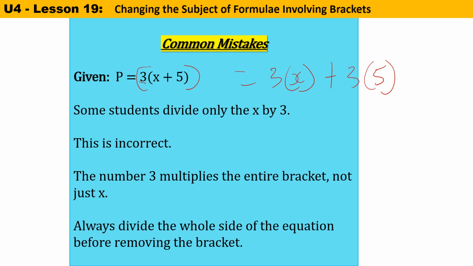So you have 3 bracket x plus 5. You divide first everything. Sorry, that should be 3. You're dividing everything. And once you eliminate here, automatically the brackets will be removed and it will be x plus 5. And then you can go ahead and work your equation.